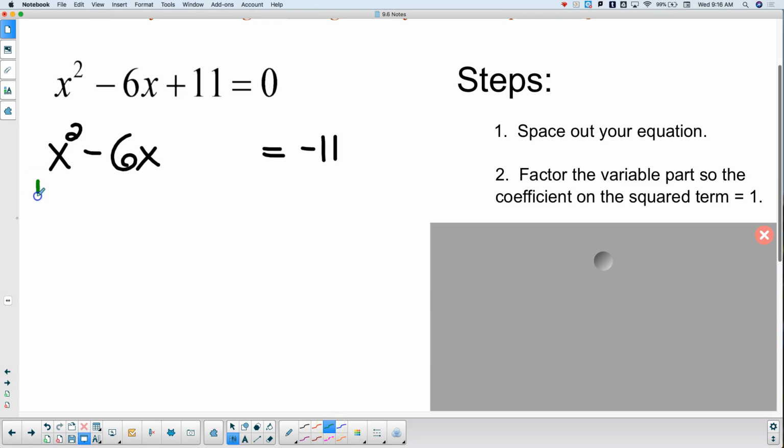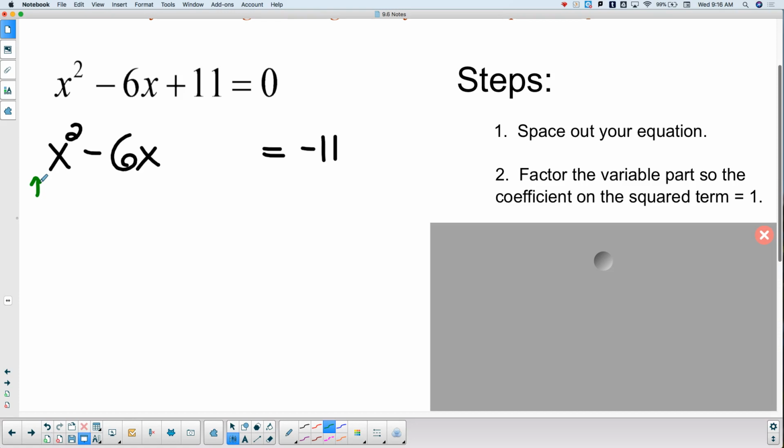In this particular case, that is done already for us. That will not always be the case, but it is in this one, so that part is nice.